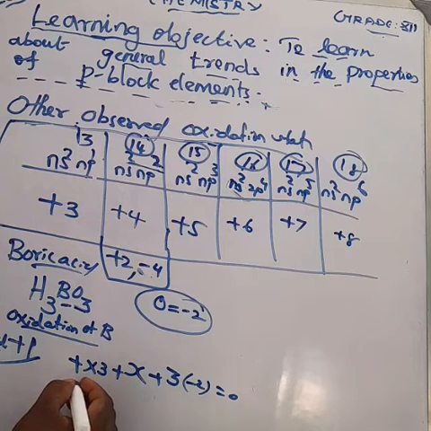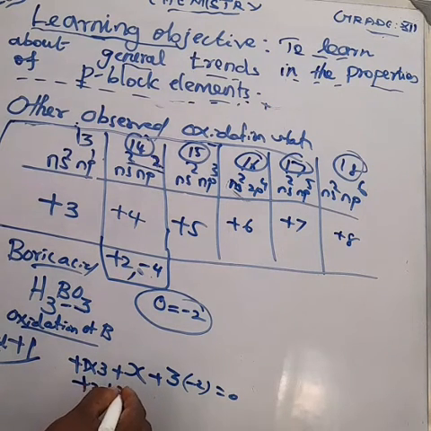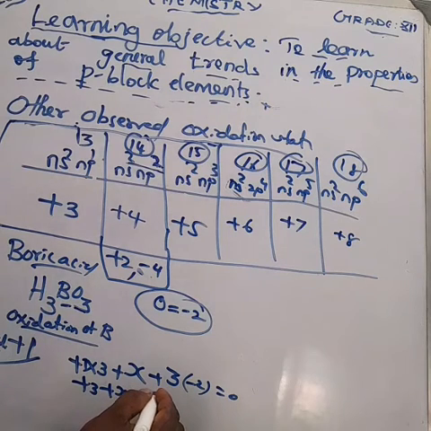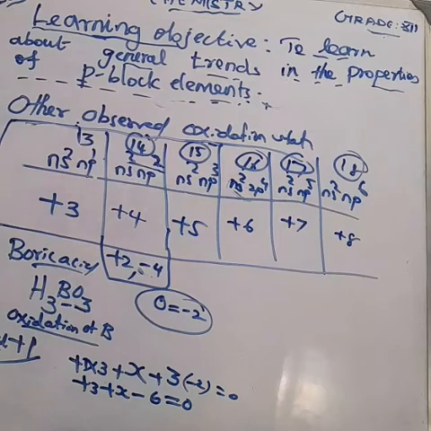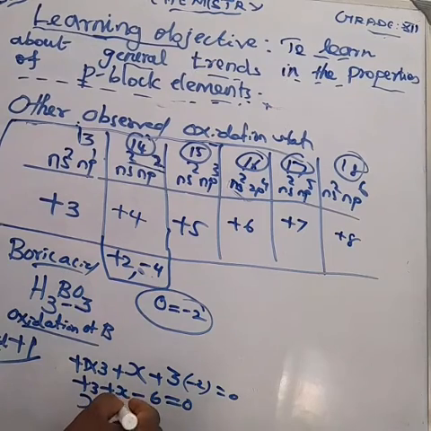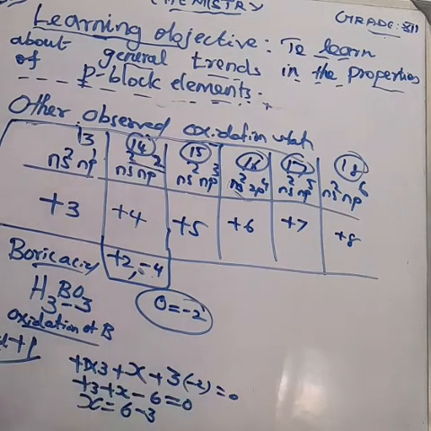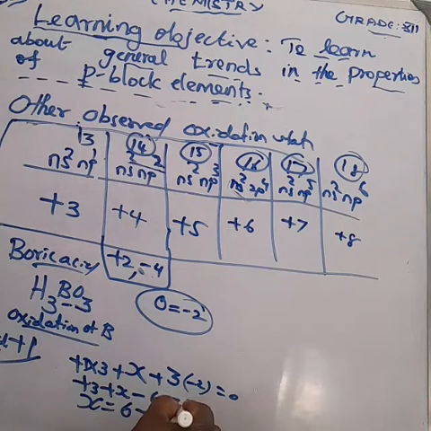So this can be written as +3 plus X, and 3 into -2 is equal to -6, so +3 + X - 6 = 0. What is X? X is equal to +6 - 3.